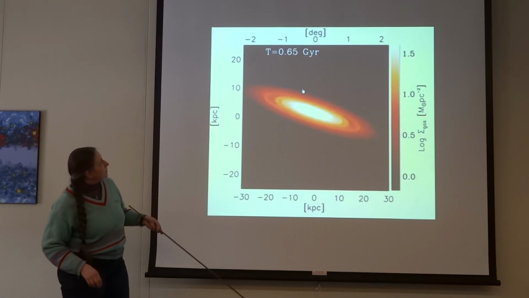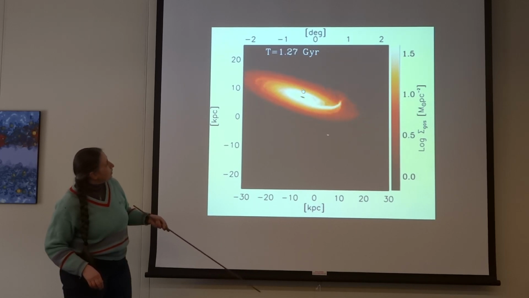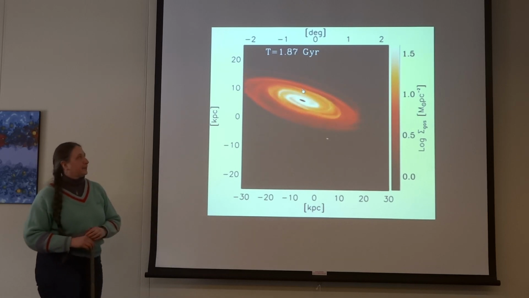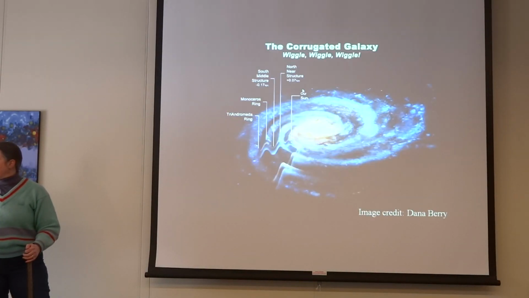Here comes the satellite. And there it went through the disk. And when it goes through the disk, you get this pattern. So the simulations are showing that this kind of phenomenon is happening.